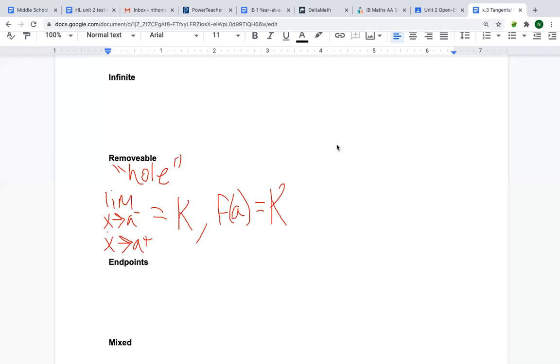So on a graph, it looks something like this, meaning there's a hole there. Sometimes the value will be completely different. Sometimes the value will not exist. But that is what it looks like.